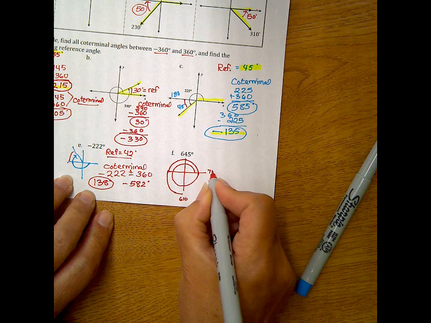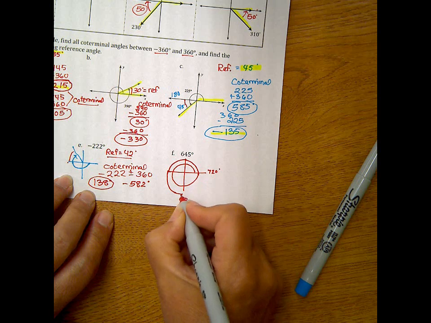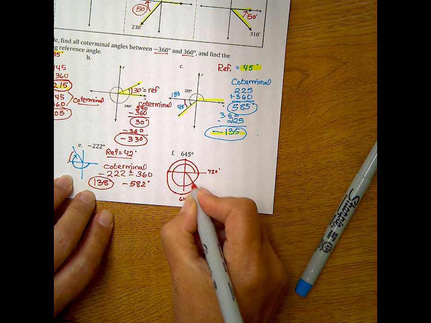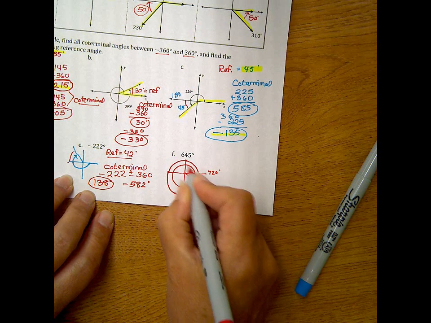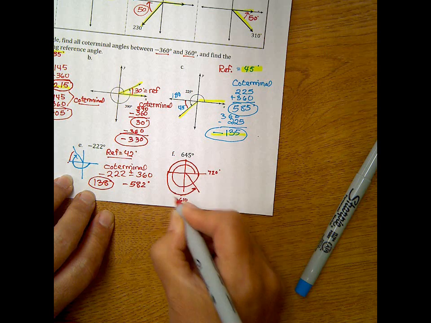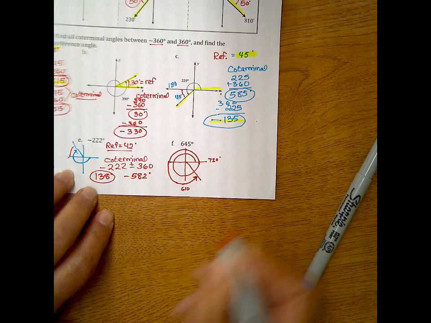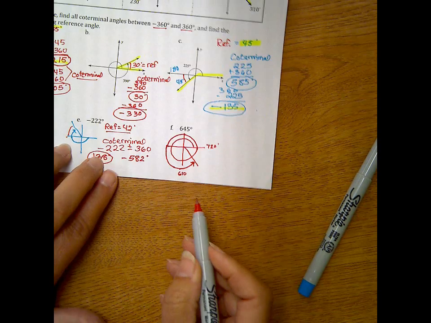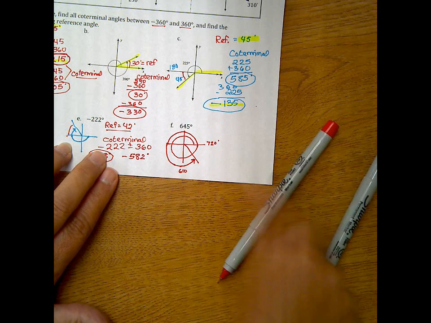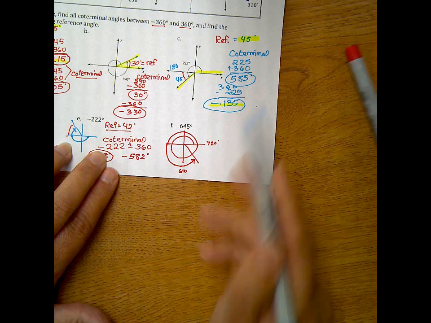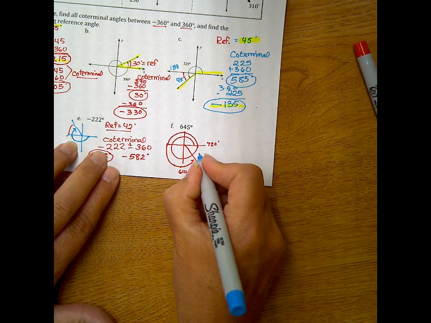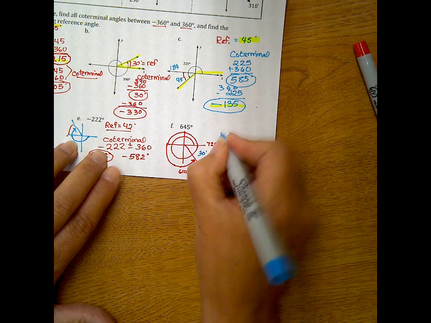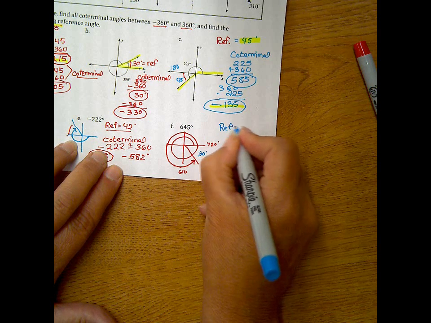All the way around 2 times would be 720, so my 645 is somewhere in here. I've gone around twice, and then back almost to the 720 degrees. So my reference angle is the distance between 645 and 720, and that would be 75 degrees.